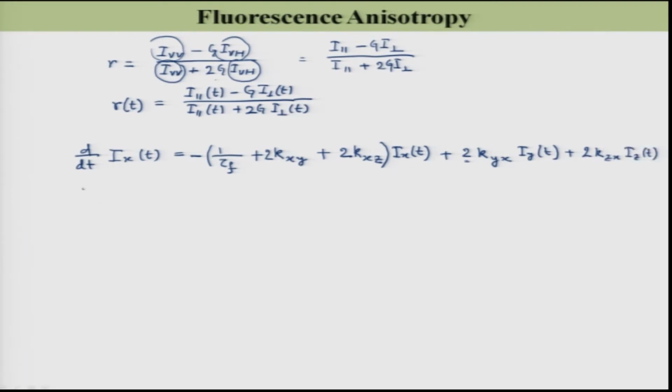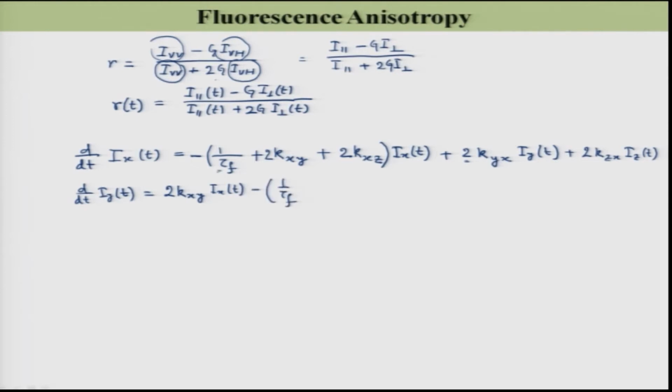Similarly, I can write d dt of I y t equal to, and the rest follows simply as I said for d dt of I x t. The rest of the things are very similar, I am just writing it over here: k x y I x t minus 1 over tau f.